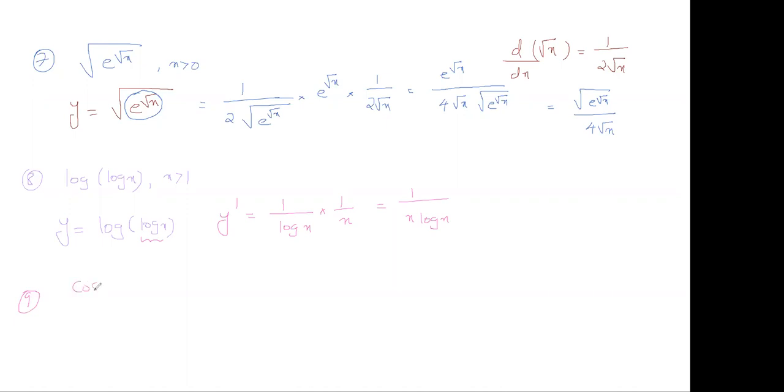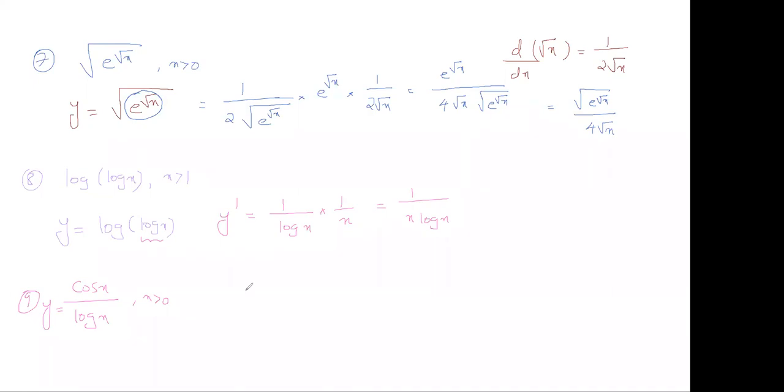Now cos x by log x, x is greater than 0, call this y. So it is a quotient of two functions, so you have to apply the quotient rule.